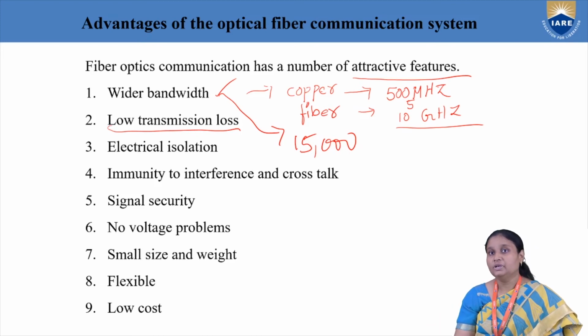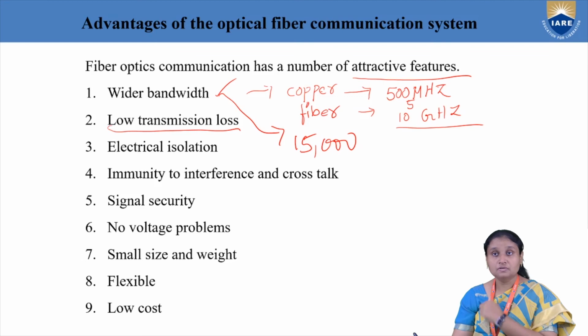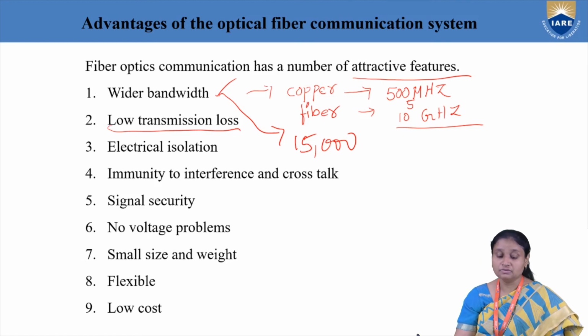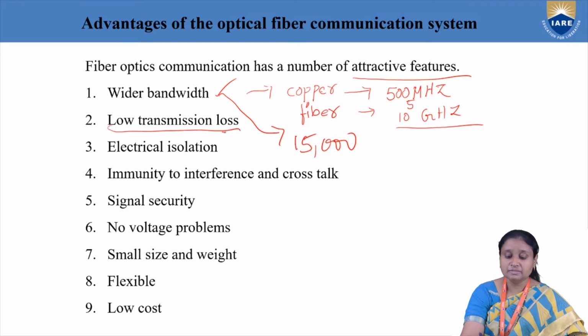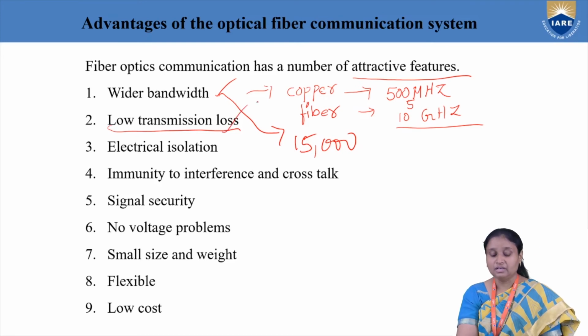And then we made graded index fiber. In graded index fiber, we observed that even in multimode propagation, dispersion is very, very small. All this makes transmission loss very negligible, even though there are very minor losses and attenuations associated with optical fibers. So transmission loss during transmission of signals is very negligible.